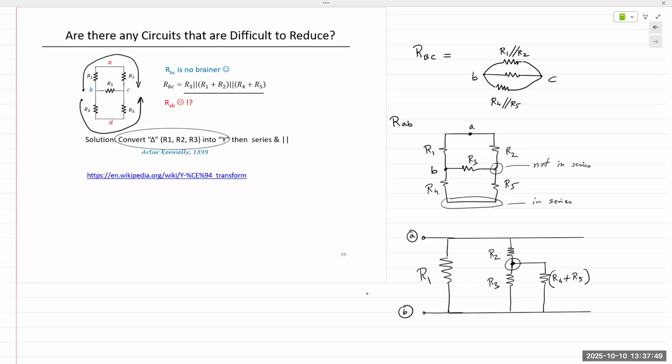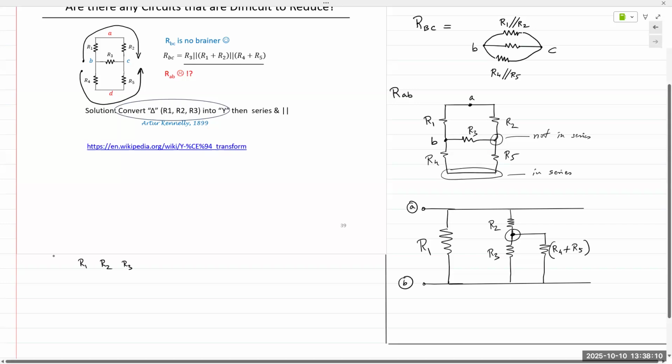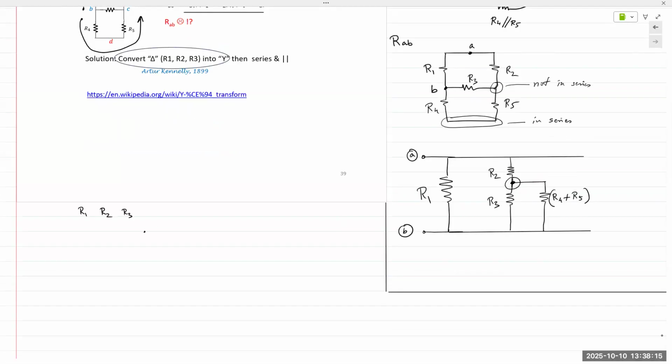If you have resistors connected in a triangle, as we have with A, B, and C, so R1, R2, R3, they are connected in a triangle.